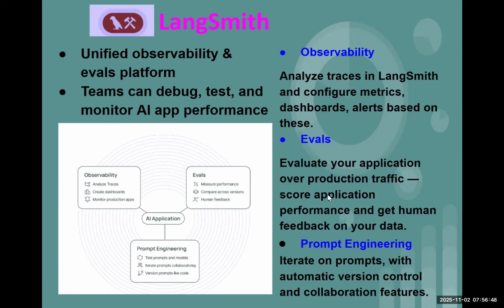Evaluation is your production traffic, scoring application performance, and human feedback on your data. Evaluation mostly matters when you're trying to benchmark models or applications for your particular use case. With prompt engineering, based on different prompts, we look at evaluation: how the model is behaving, and how close it is coming to the evaluation when you change your prompt.